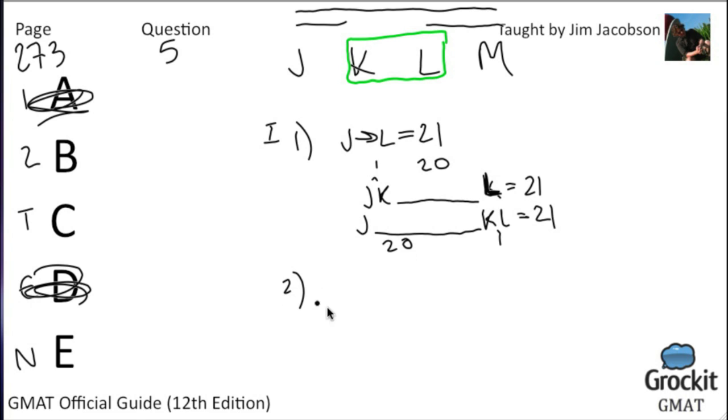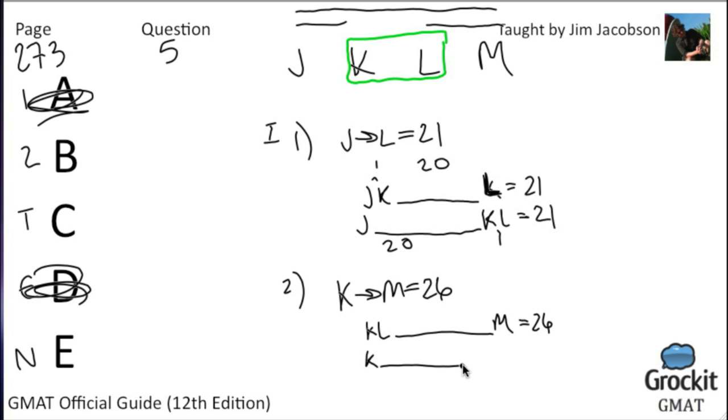Statement number 2: the road distance from exit K to exit M is 26 kilometers. So K to M equals 26, and it's exactly the same problem. It could be KL a long way to M equals 26, or K and then a long way to LM equals 26.